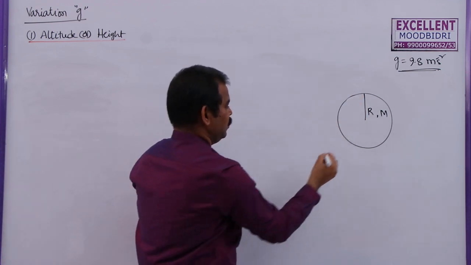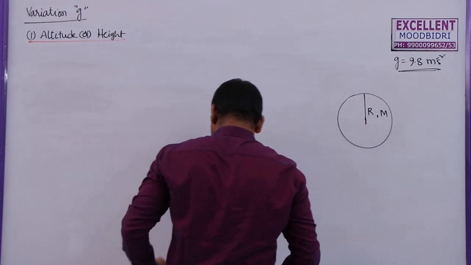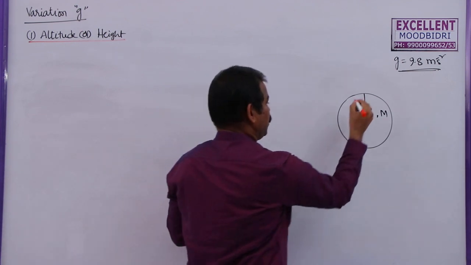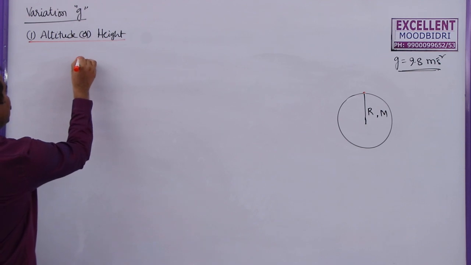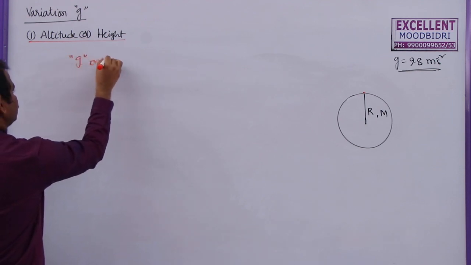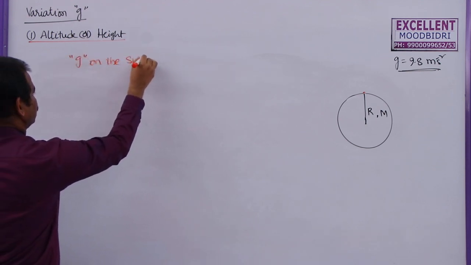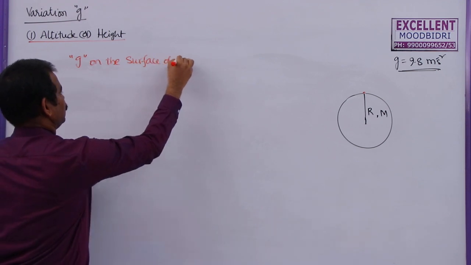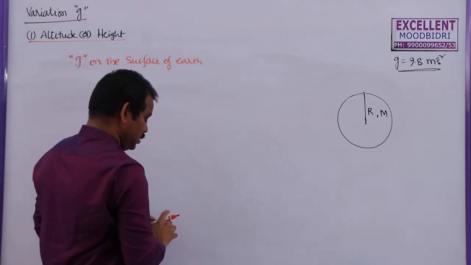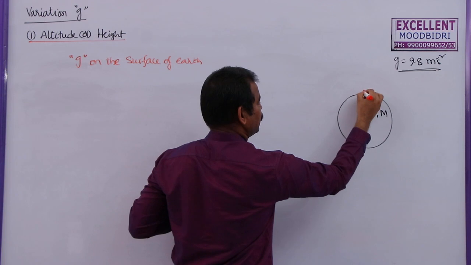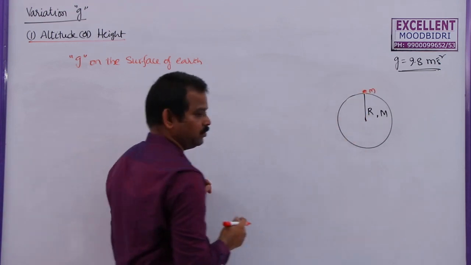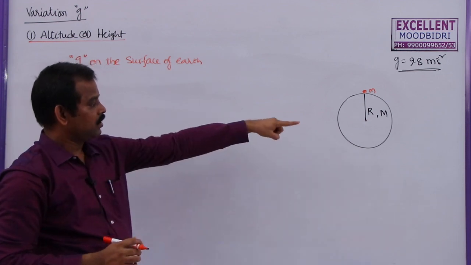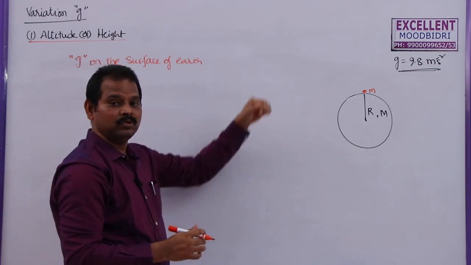Now, what is small g here? Just now we derived the relation for small g on the surface of earth. If a body of mass m is placed here, these two attract each other with a force F equal to capital G capital M small m by R square, which is equal to weight.